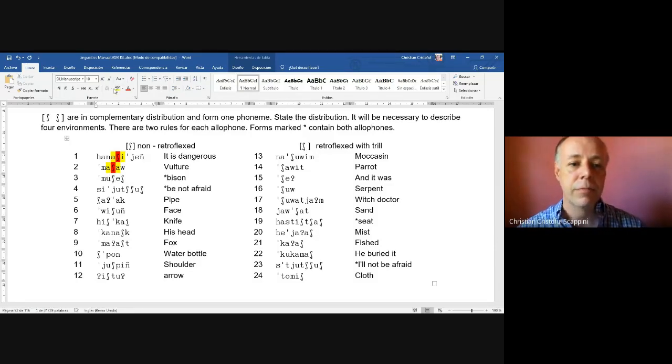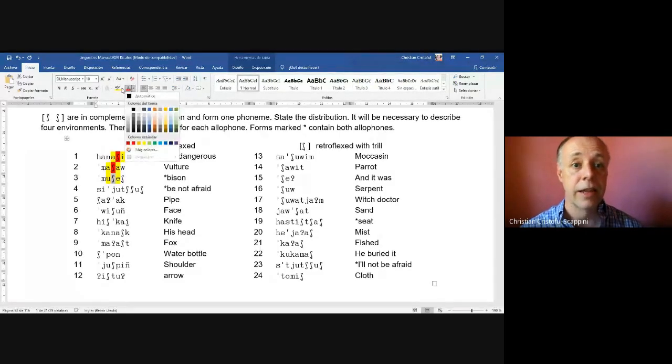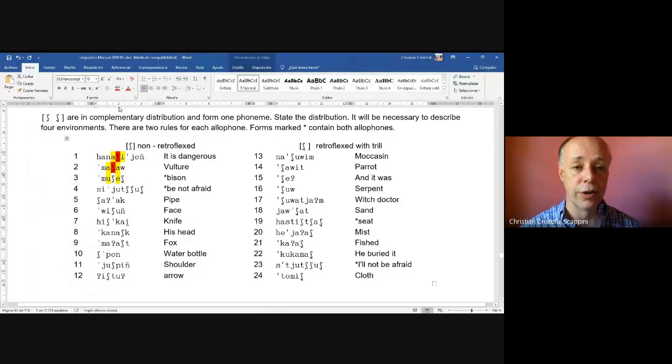So we know already that this sound occurs either in syllable initial position or in intervocalic position.